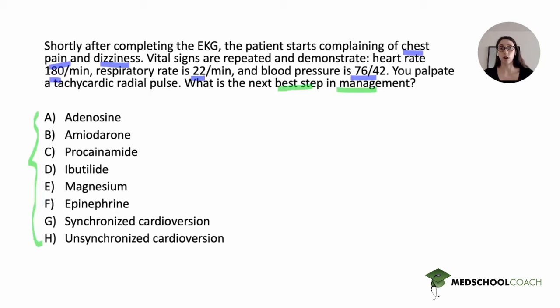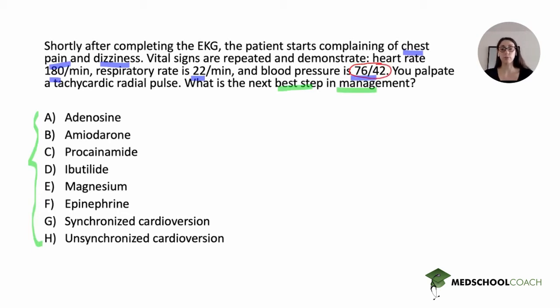The patient was tachycardic and very slightly tachypneic, but the blood pressure was normal, if not at the upper end of normal. And now he develops new chest pain, new dizziness, and now the heart rate is higher, the respiratory rate is about the same, and the blood pressure is all of a sudden quite low.